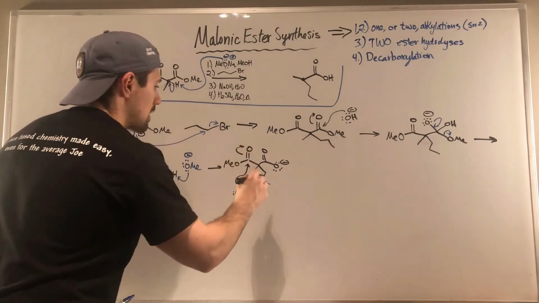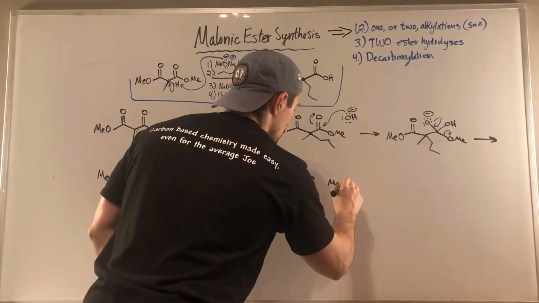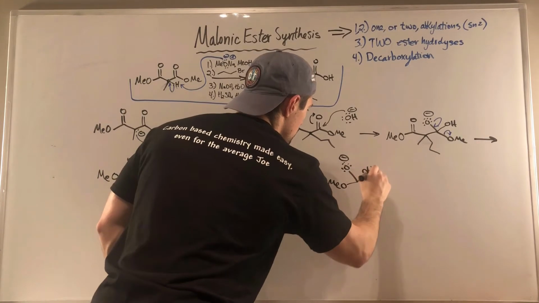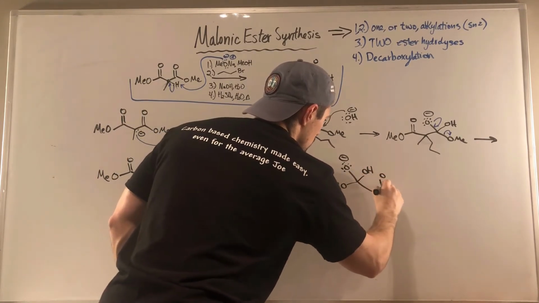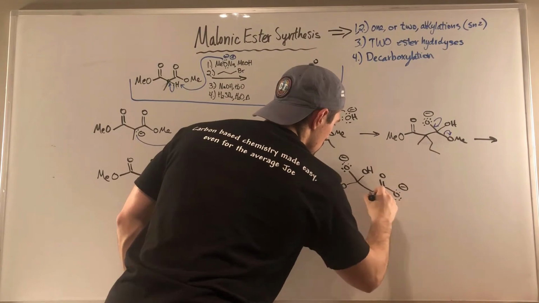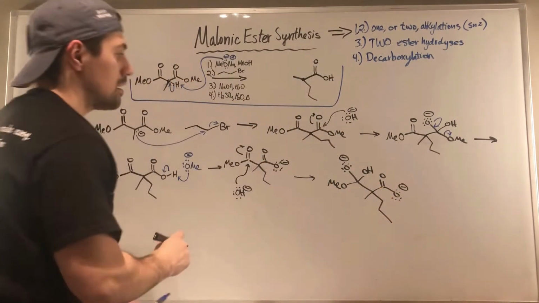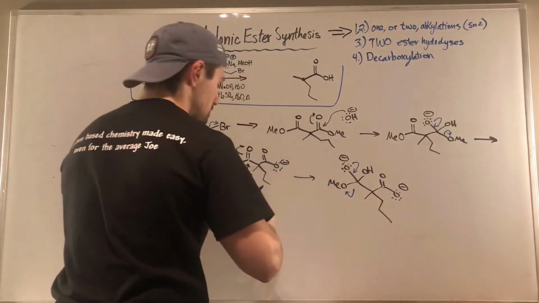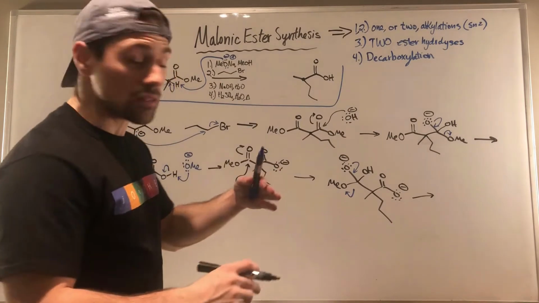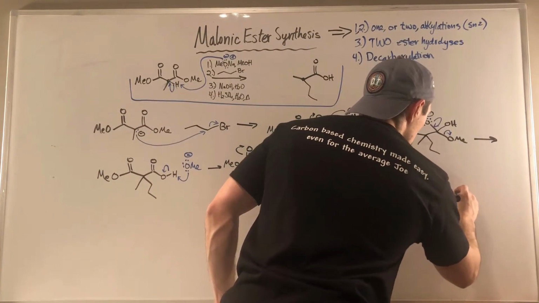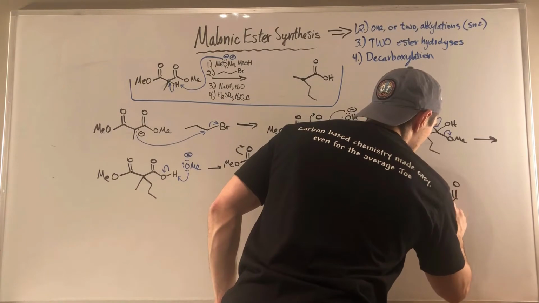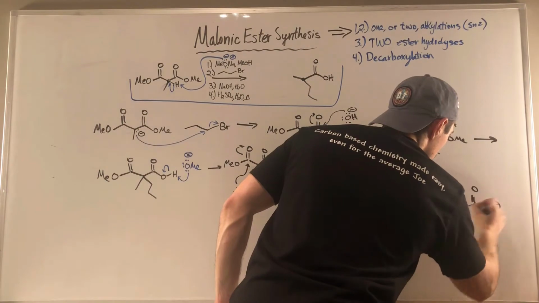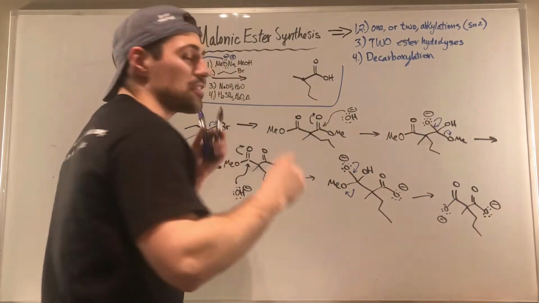We attack, electrons kick up. We form yet another tetrahedral intermediate. Right? It collapses. We kick off methoxide. Methoxide is upset, right? It wasn't totally looking to leave. So obviously methoxide comes back with a score to settle, but that score will be settled.